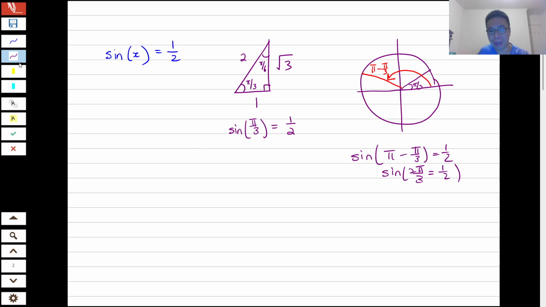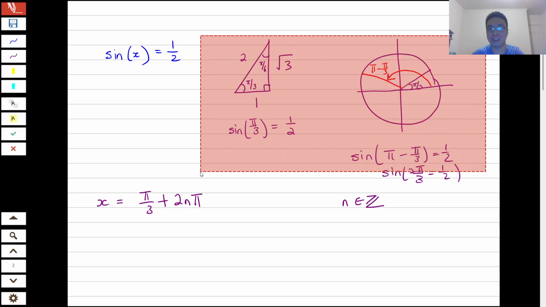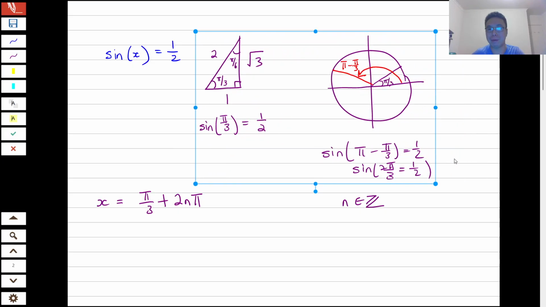So we actually have two families of solutions. The first family is pi on 3 plus 2n pi, where n is an integer, which I'm going to denote by the letter capital Z.